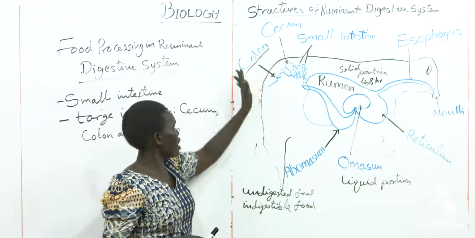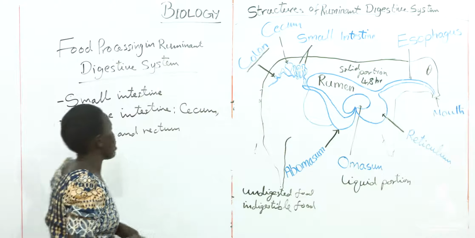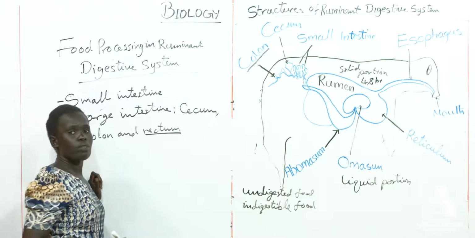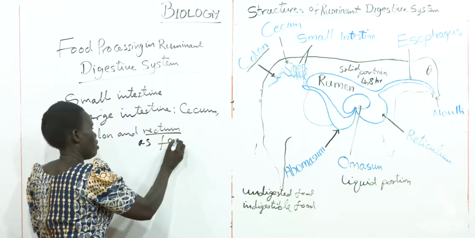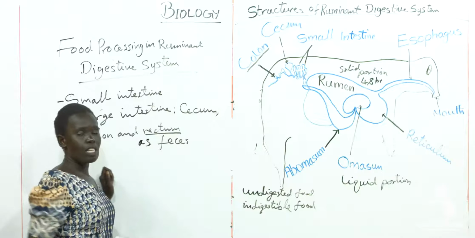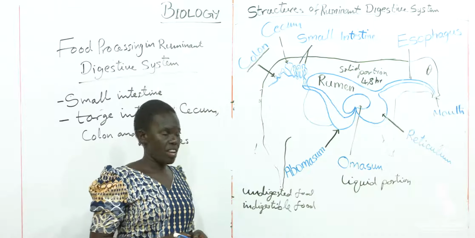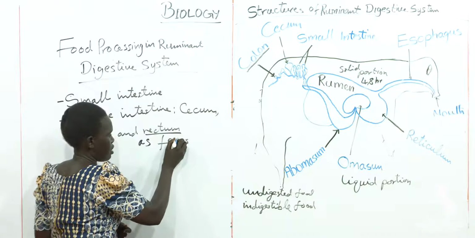So after the water is absorbed in the colon, now this waste material will be sent into the rectum as feces, just waiting for its time to come out through the vent or through the anus, that opening, exit.